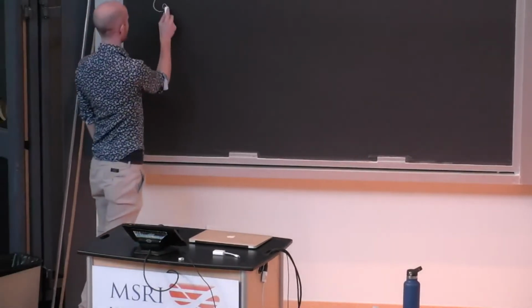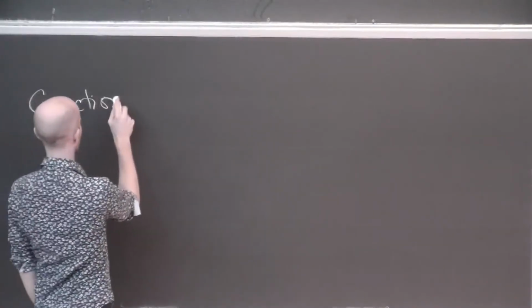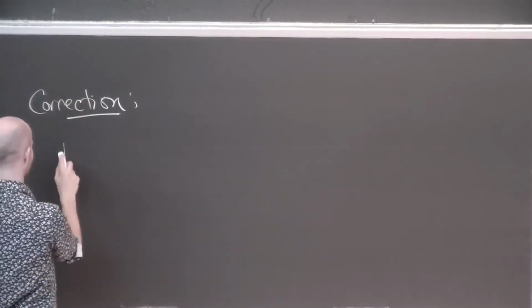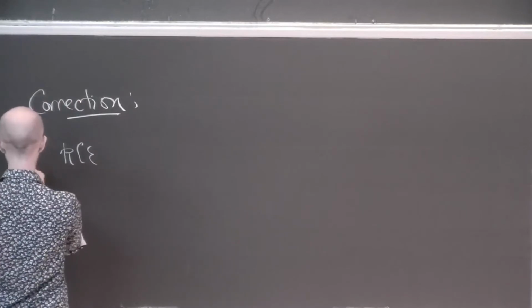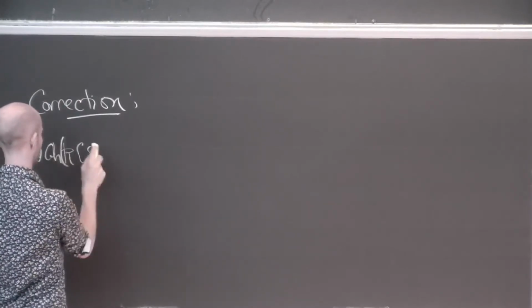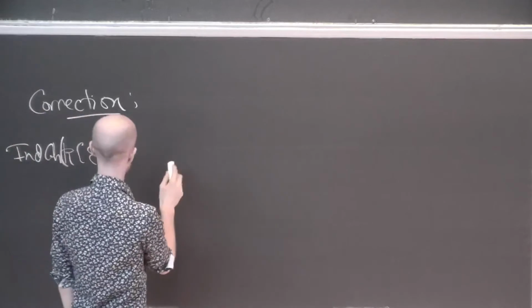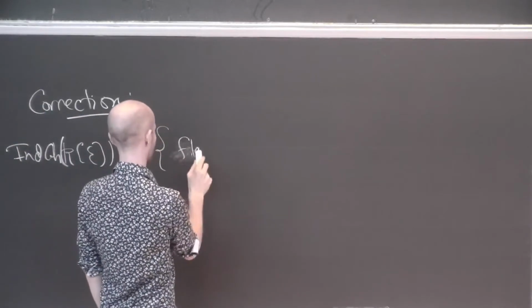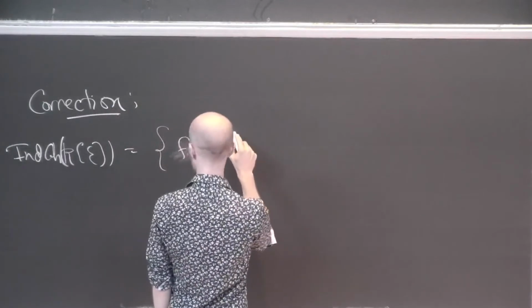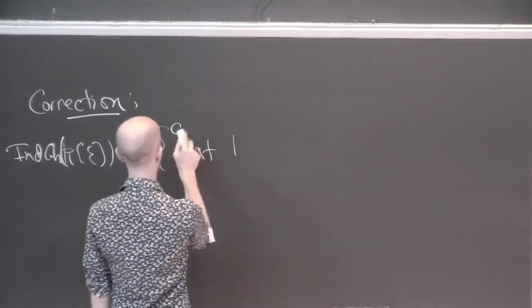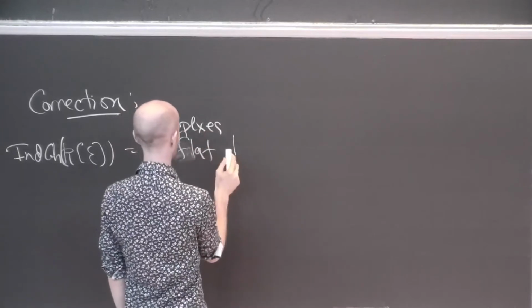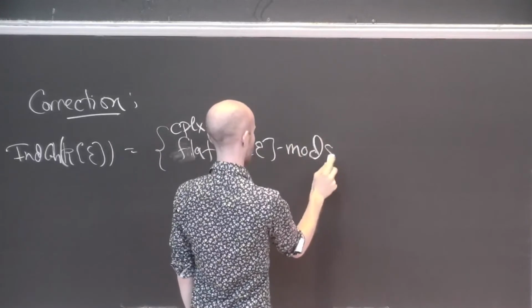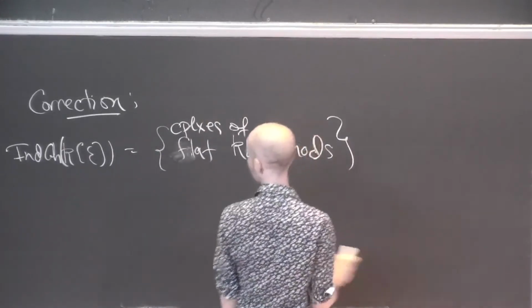Next, I wanted to address a quick correction. This has nothing to do with anything else, but there was this whole discussion with Bargov where I said IndCoh of k[epsilon] was equal to the DG category of flat complexes of flat k[epsilon] modules. This statement is true.